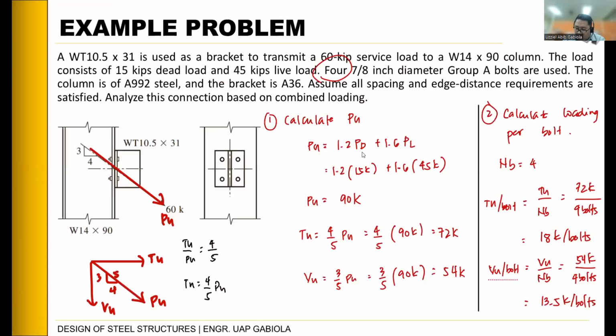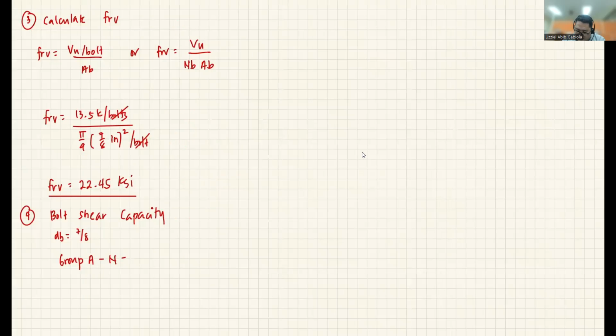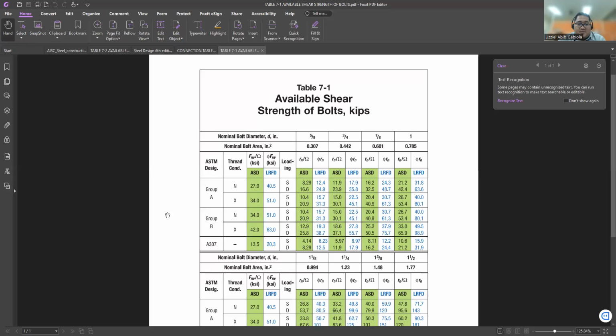So, balik lang naman to doon sa ginagawa natin. And, pag meron na tayo nito, anong ginagawa natin? Pupunta tayo ng table 7-1. Okay? So, open ko lang yung table 7-1. Okay. So, this is table 7-1.